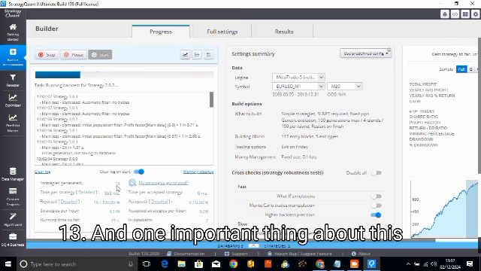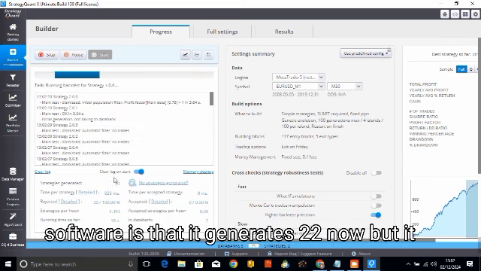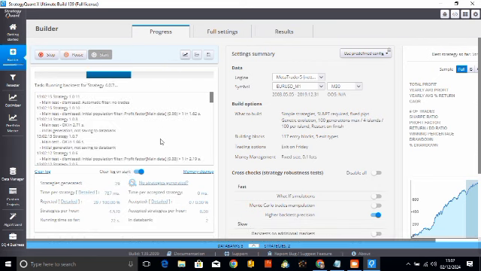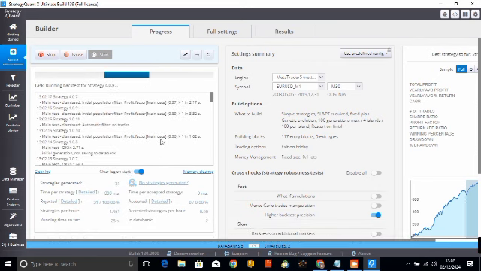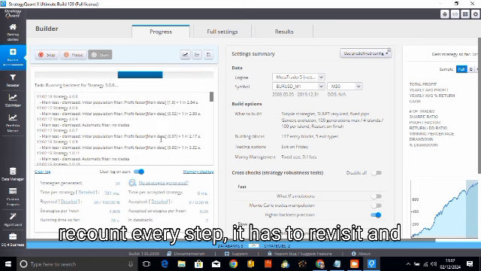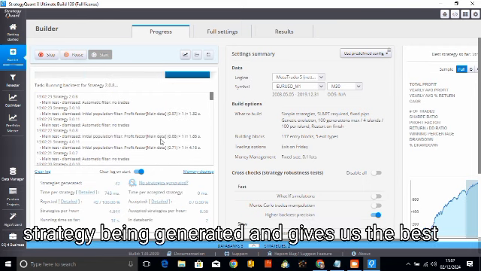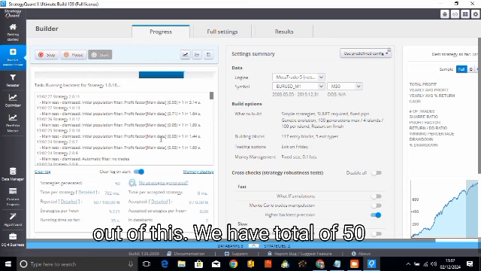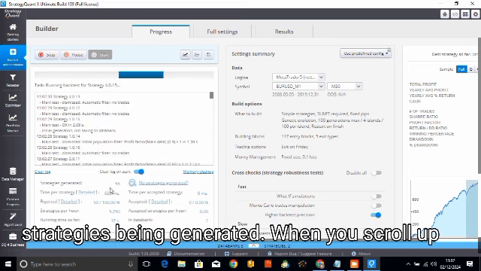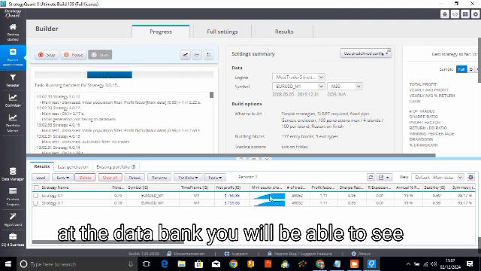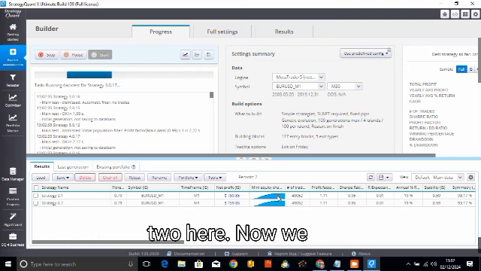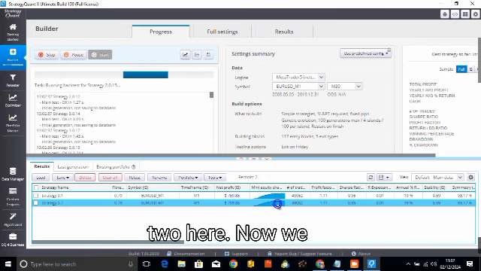And one important thing about this software is that it generates 22 now, but you have to revisit and optimize every strategy being generated to give us the best out of this. We have a total of 50 strategies generated. When you scroll up at the databank, you'll be able to see two here. Now we have these two.